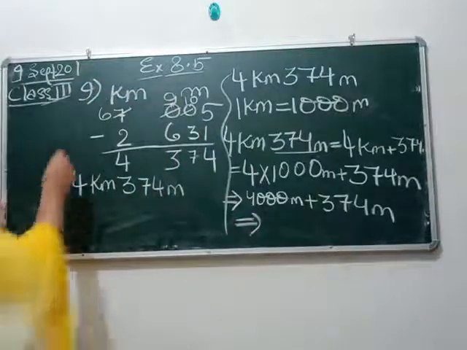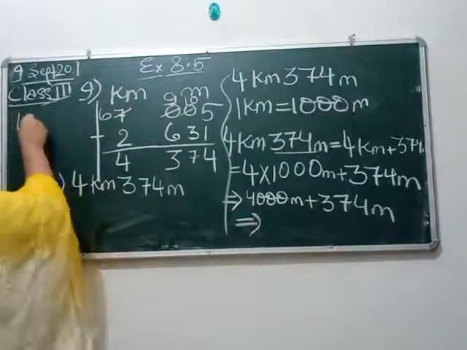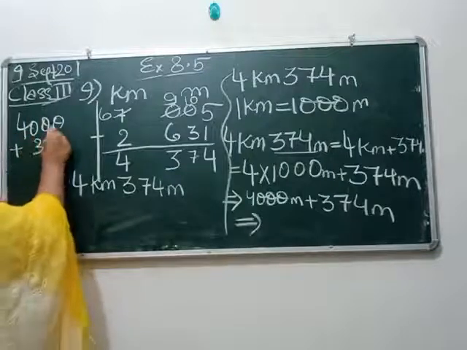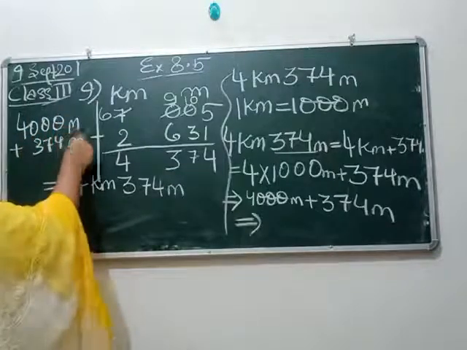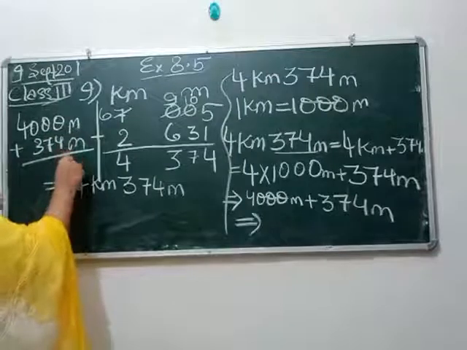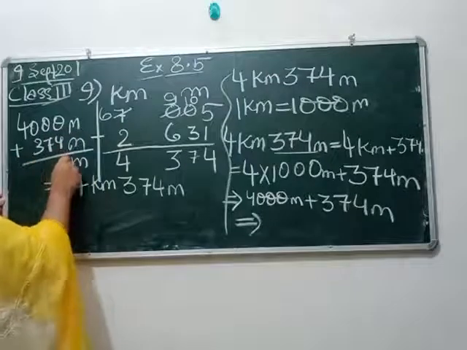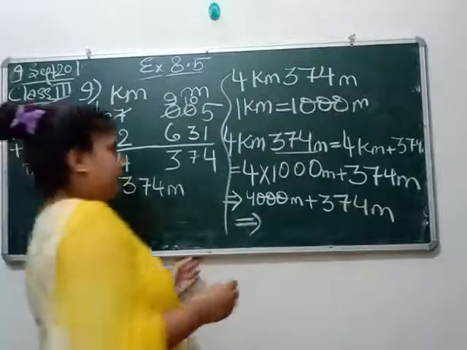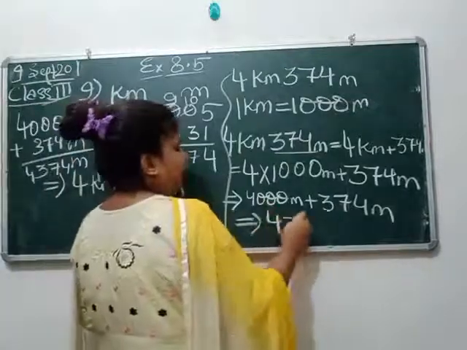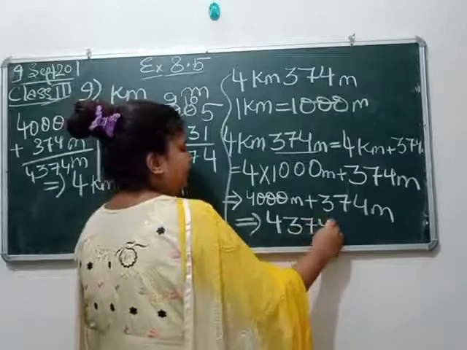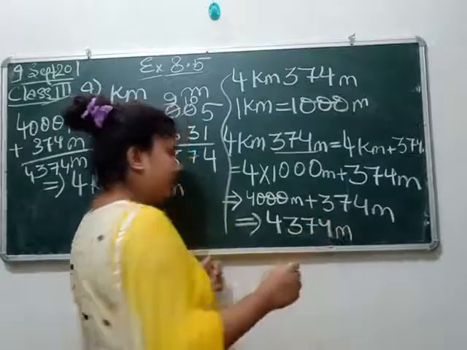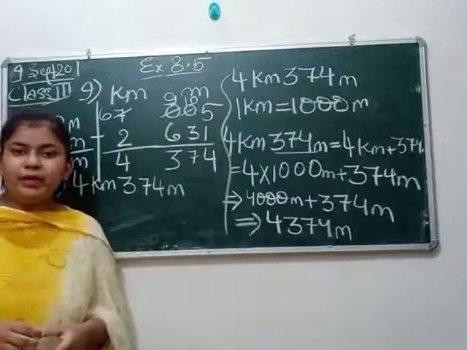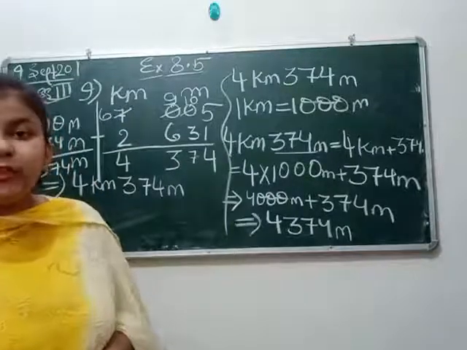4000 plus 374 meter will give us the answer 4374 meter. This is our answer for this question.